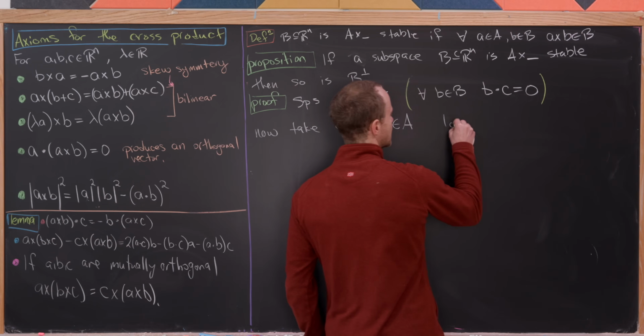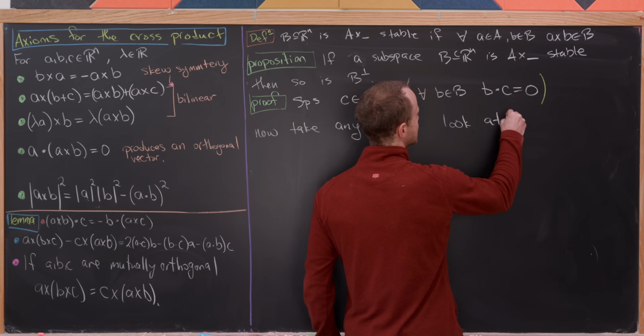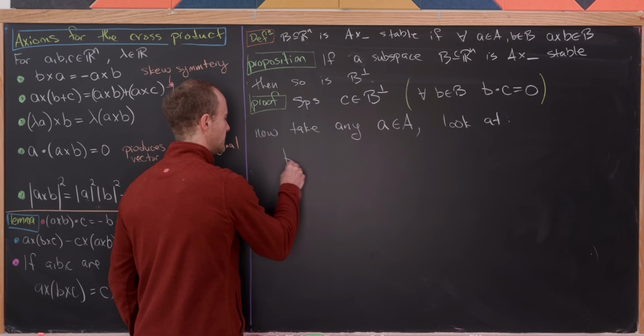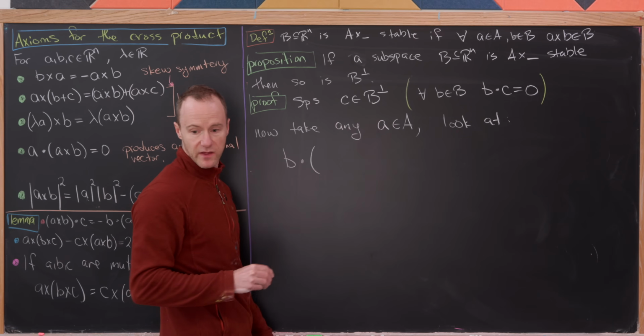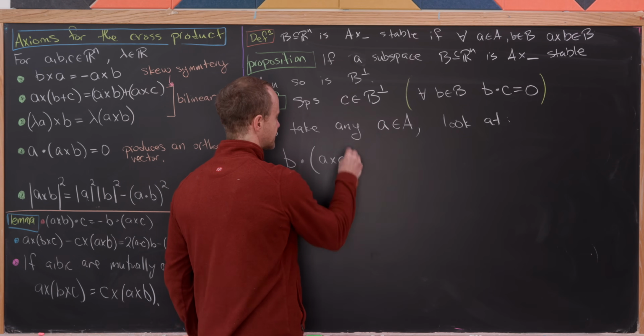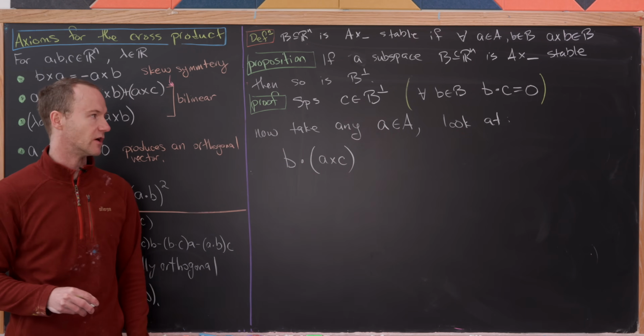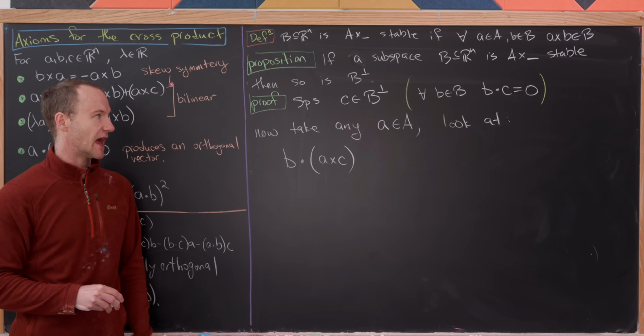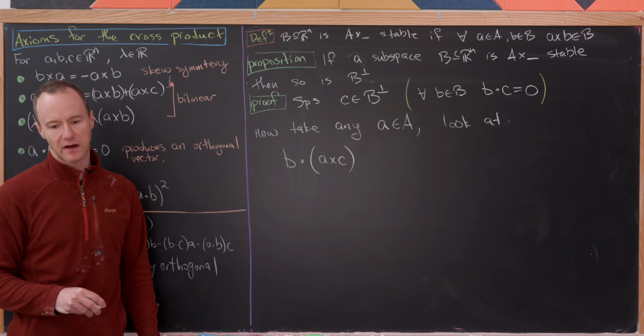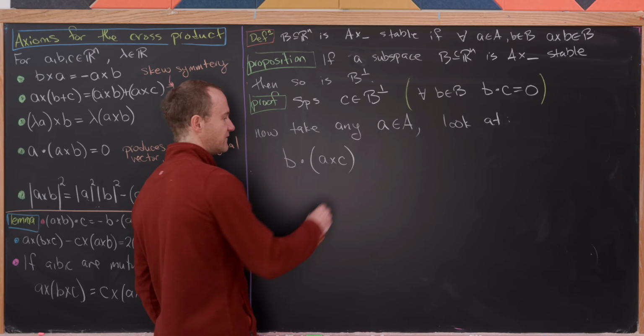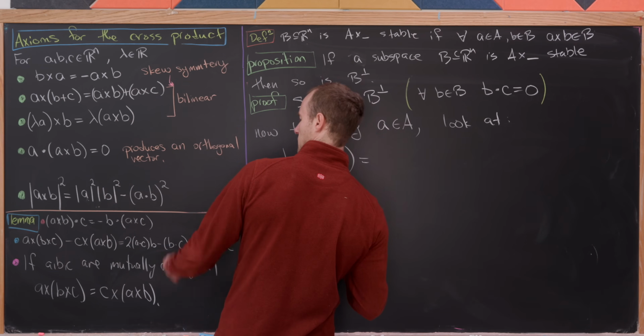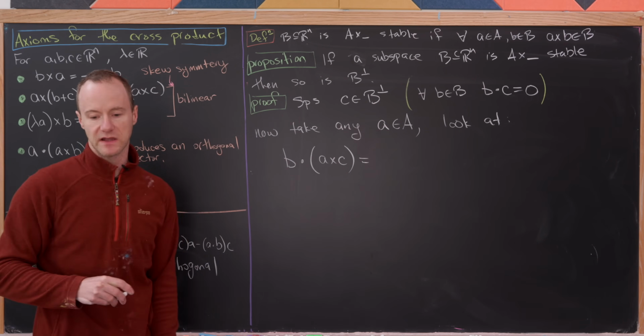And then let's look at the following. So it'll be b dotted with A cross C. So we hope that this is 0 because that would tell us that A cross C were also in B complement. In fact, we'll get that very, very quickly using, well, this rule over here from the lemma that we just proved.